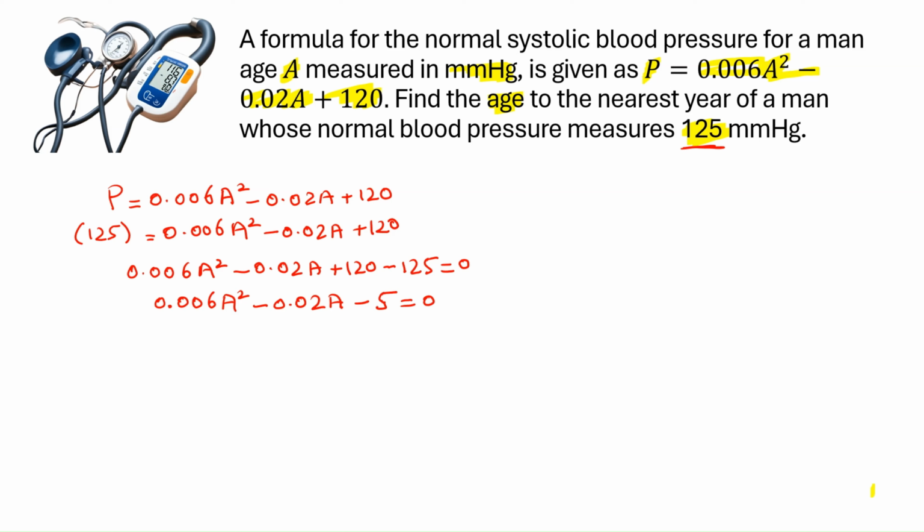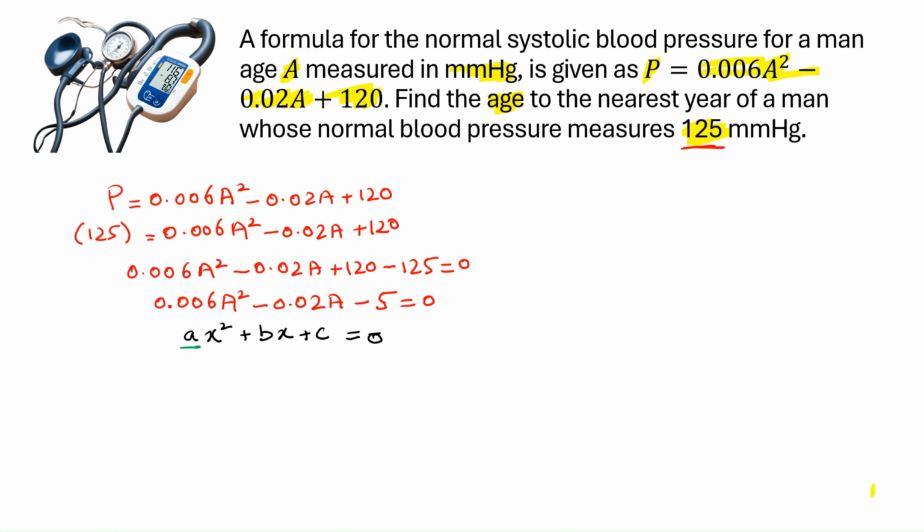Now if you look at this, the highest power of the variable is 2, so this is a quadratic equation. If you recall, the general form of the quadratic equation is ax square plus bx plus c equals 0.